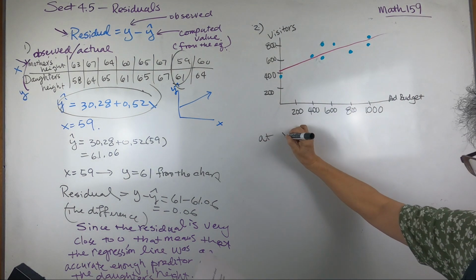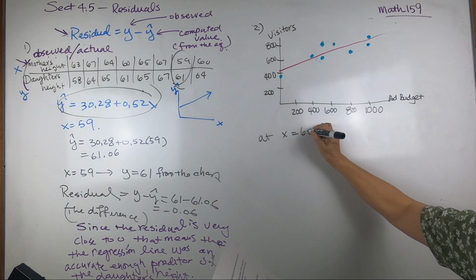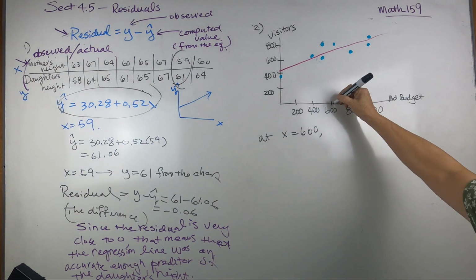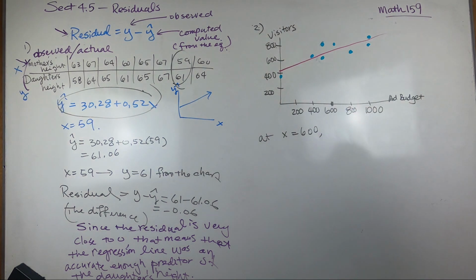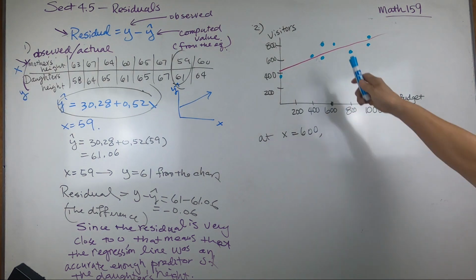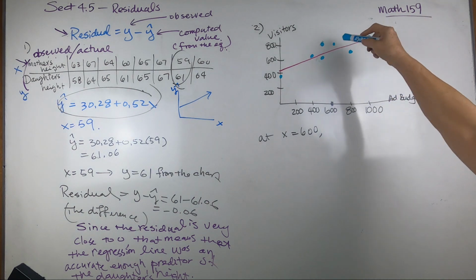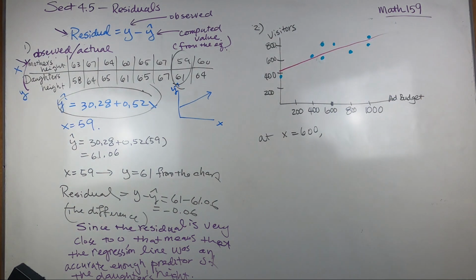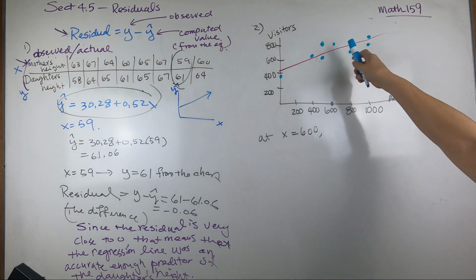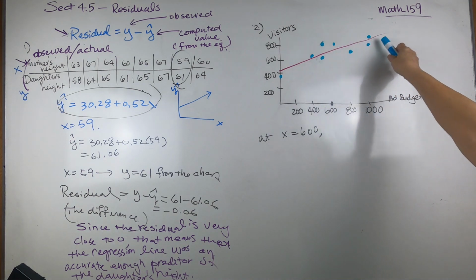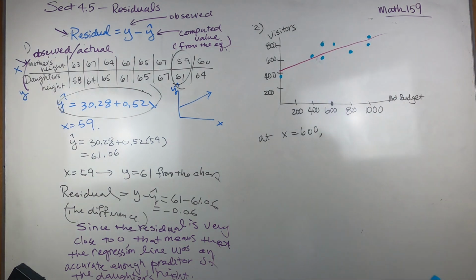So at x equals 600, we look at this one, 600. The blue one is the observed value, the scatter plot. The line is what we made up to satisfy the condition so we can do prediction.